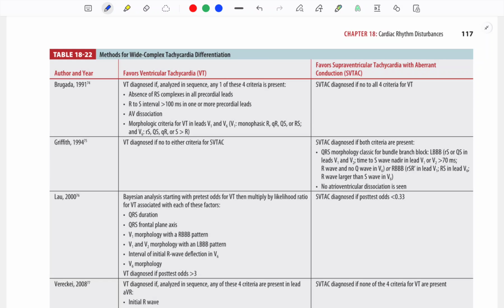You need to treat a wide complex tachycardia as ventricular tachycardia unless proven otherwise. If the patient is unstable, we are only going to cardiovert, and if the patient is stable, we are going to use antiarrhythmic drugs like amiodarone and procainamide.